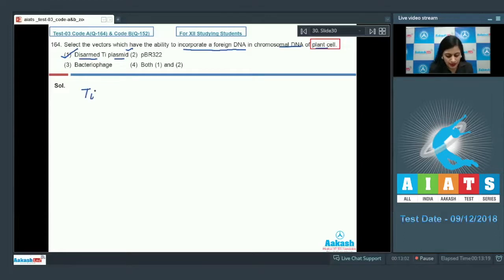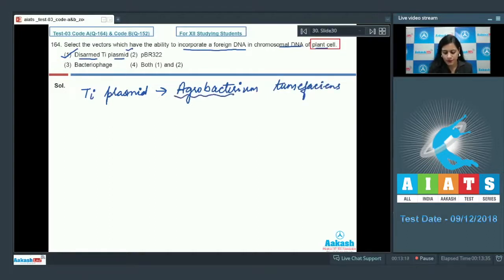The Ti plasmid from Agrobacterium tumefaciens, it is a bacterium which generally attacks dicot plants.